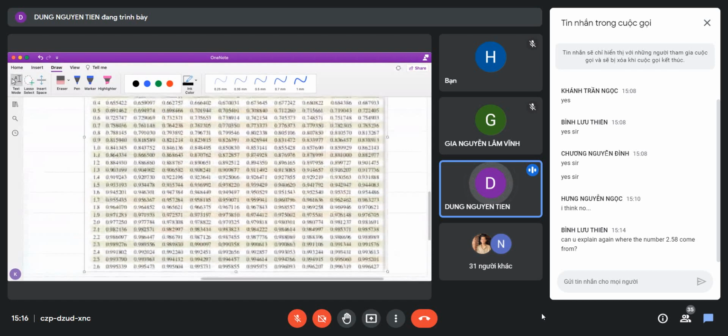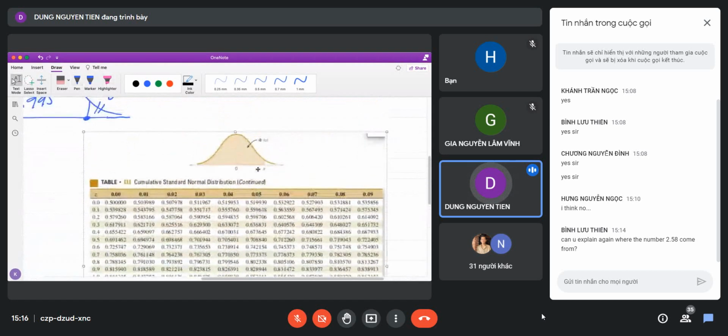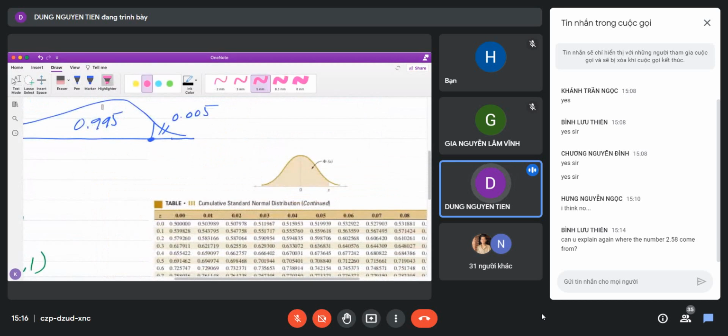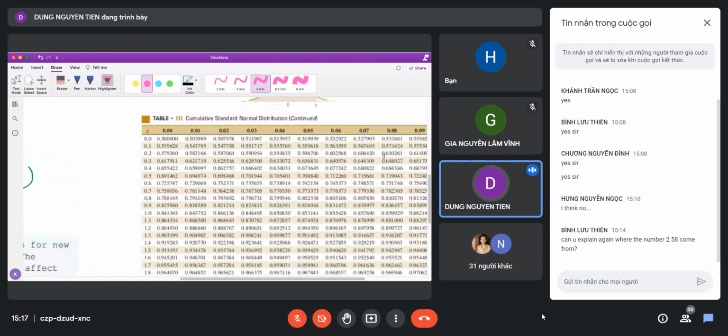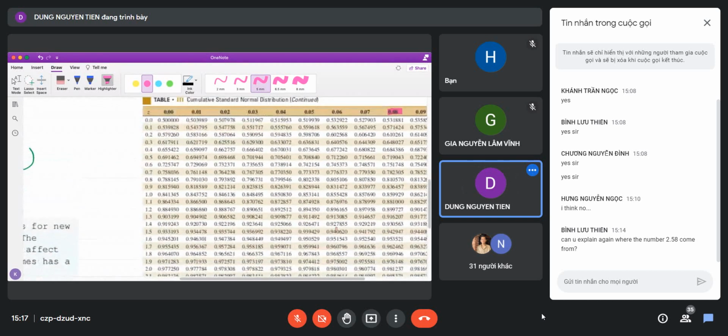You want to use the areas to the left. That's why I will use the number 0.995. What is that? Right here. This is the closest number, and it gives 2.58. Is it okay? Is this all right? You guys, is that good?